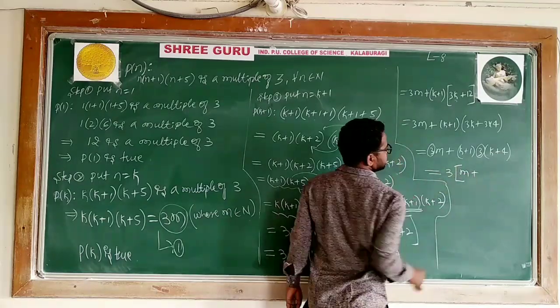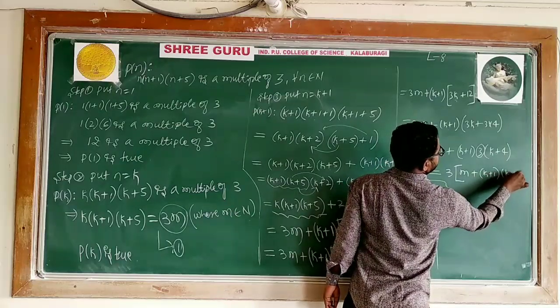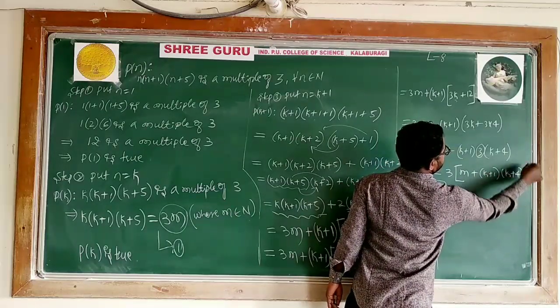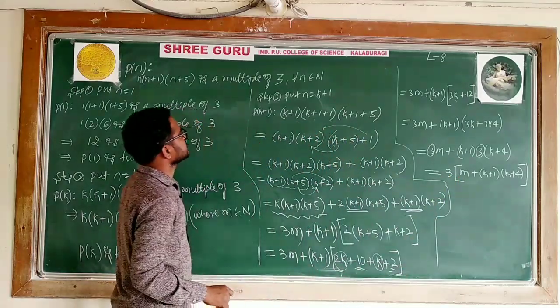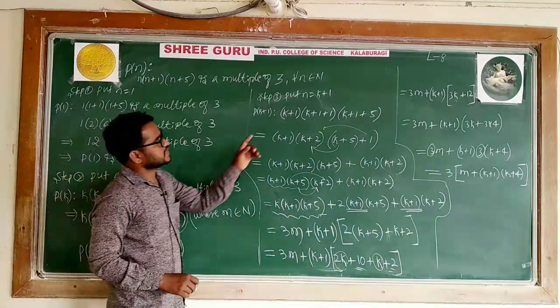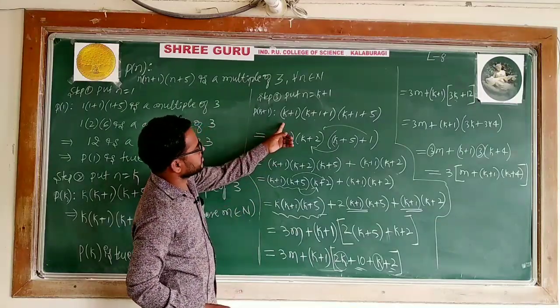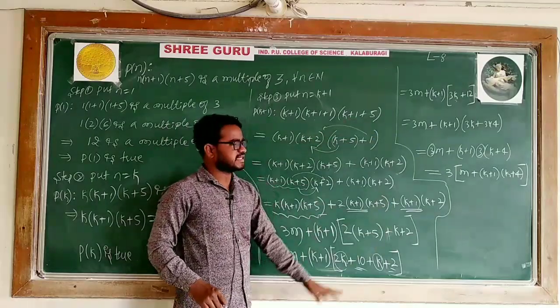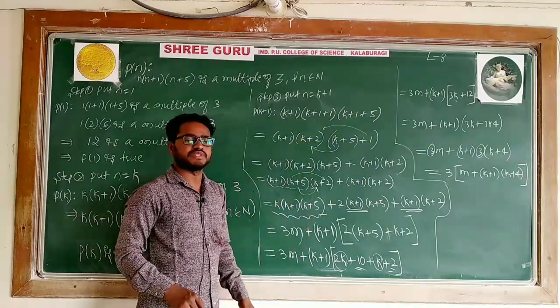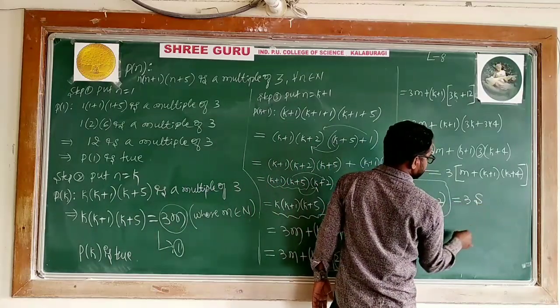M plus k plus 1, k plus 4. So ultimately we got 3 outside. Means you can say the LHS, k plus 1, k plus 1 plus 1, k plus 1 plus 5, is equal to 3 into something. Means you can say it is like 3 into S. What is S here?